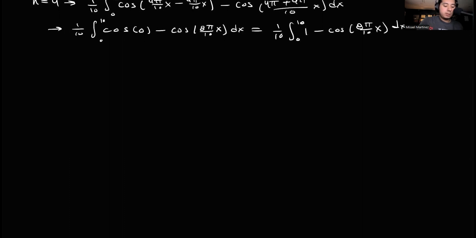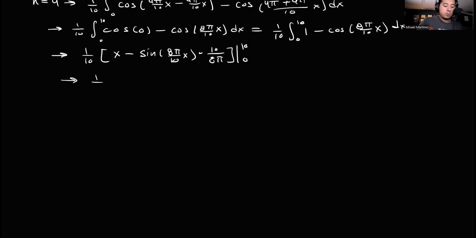So we can integrate this, and we should be getting the integral of 1, which is 1 over 10 times x minus sine of 8 pi over 10 times x times 10 over 8 pi, evaluated from 0 to 10.